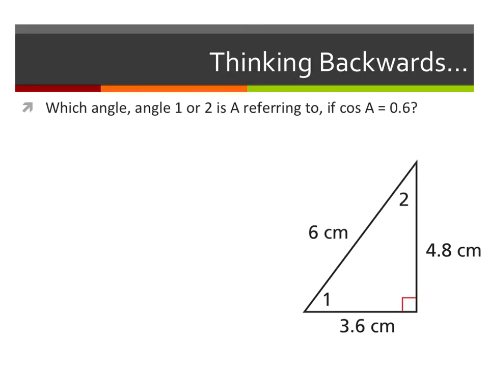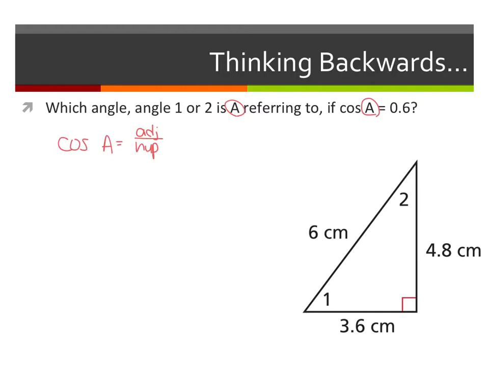Let's think about this triangle over here. The question says, which angle, angle 1 or angle 2, is A referring to, if cosine of that angle is 0.6? Cosine of this angle refers to adjacent over hypotenuse, right?